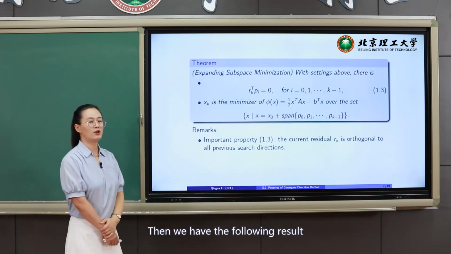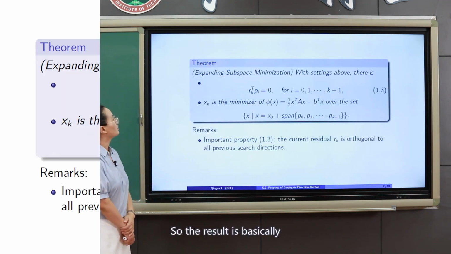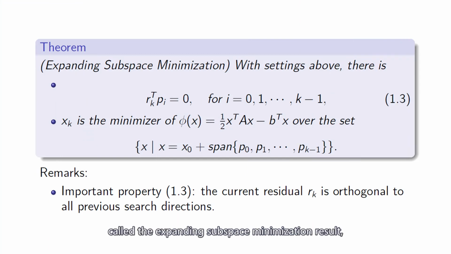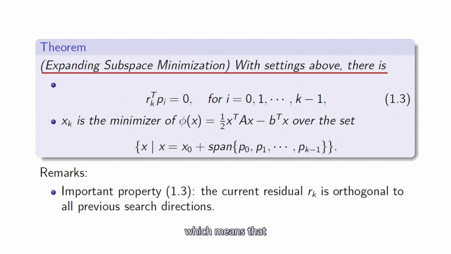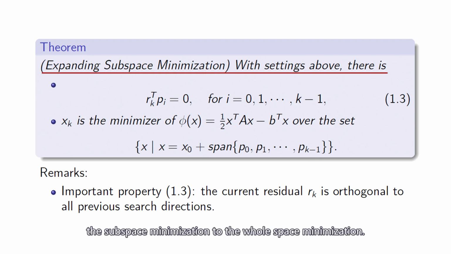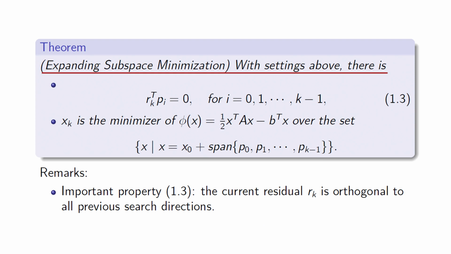Then we have the following result, called the expanding subspace minimization theorem, which means that while we do the conjugate direction minimization, it effectively expands the subspace minimization to the whole space minimization. With the settings above, we have two results.